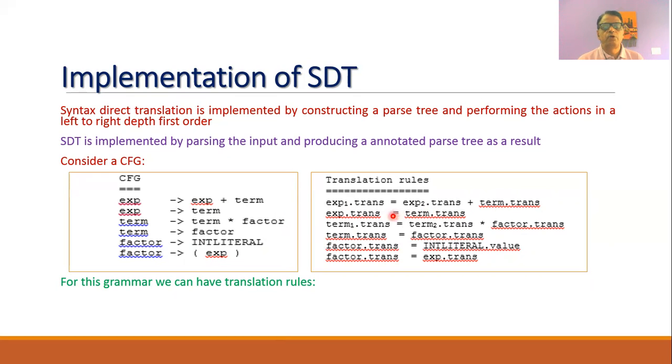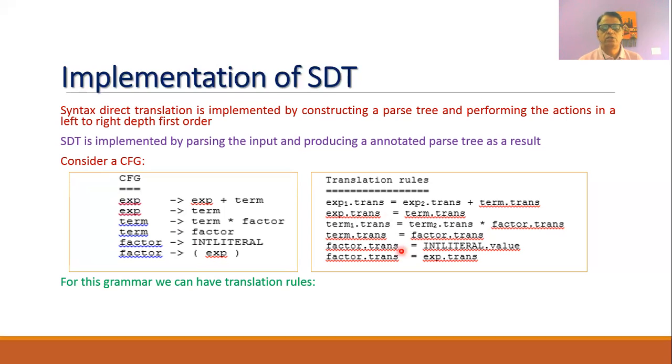Then for the next production, we can assign the translation rule expression dot translation is equal to term dot translation value. So dot translation will indicate the translation value. Term 1 dot translation is equal to term 2 dot translation into factor dot translation value. Then for the next production rule, term dot translation is equal to factor dot translation value.